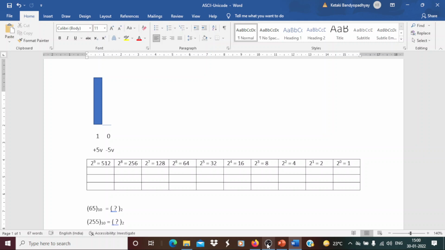So in this particular tutorial, we are going to learn different text encoding schemes, including ASCII, American Standard Code for Information Interchange, and ISCII, Indian Standard Code for Information Interchange, which is actually nothing but extended ASCII. And then we will be learning what Unicode is through a presentation.